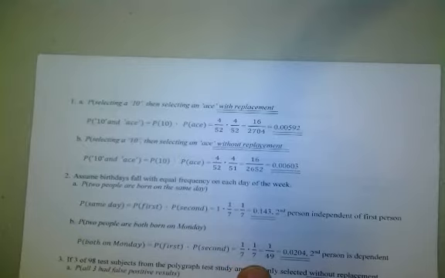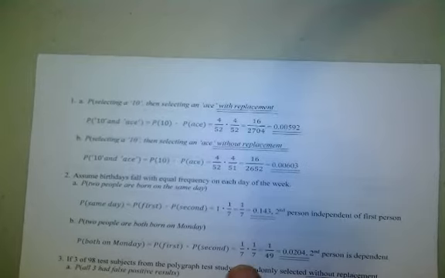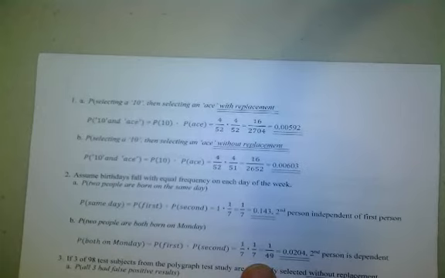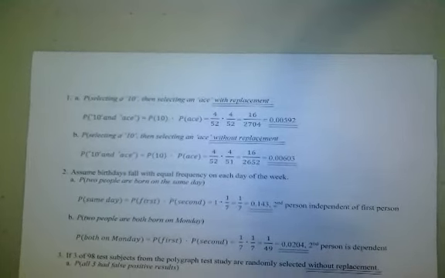The chance for the second person to also be born on Monday is 1 out of 7, so 1 out of 7 times 1 out of 7. The reason I say the second person is dependent is that whatever day of the week the first person was born is when the second person has to be born. And so that's why it's 1 out of 49, or 0.0204, just over 2%.